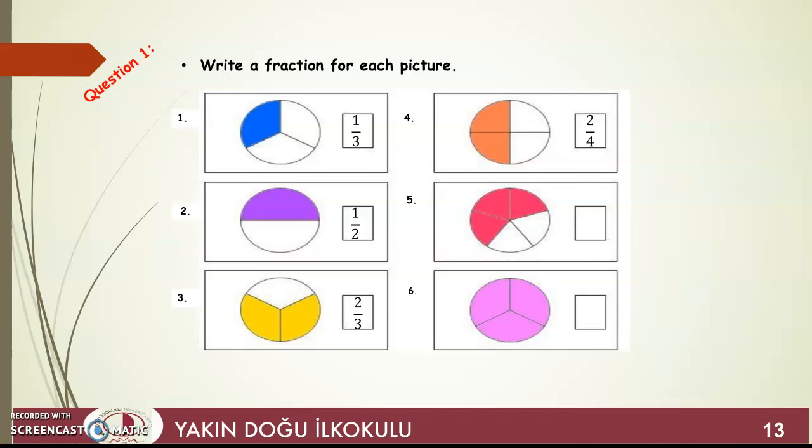Number 5. Fifth fraction is 3/5. And the last one, number 6. Sixth fraction is 3/3. Very good.